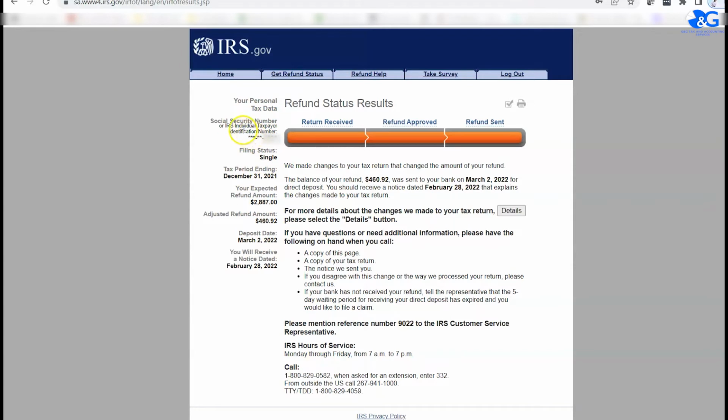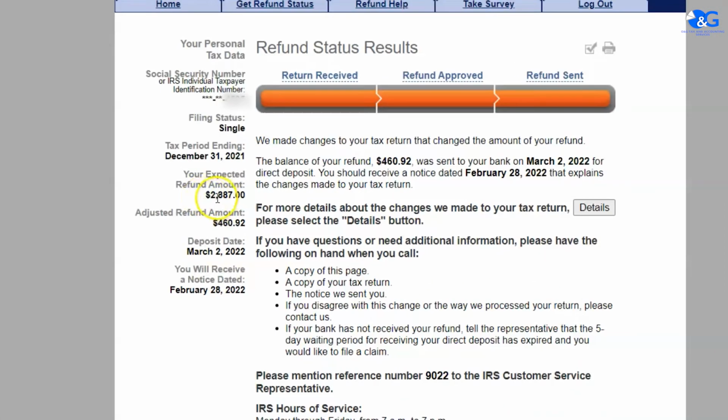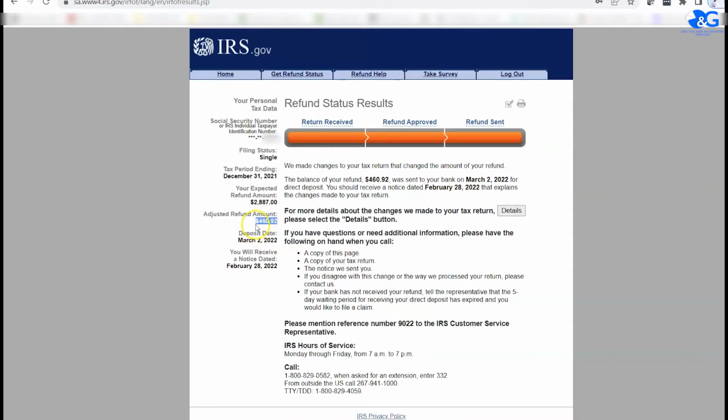So here, it gives you the last 4 digits of your social security number, your filing status, you filed as single, the tax year this refund is for, and then your expected refund. Sometimes your expected refund may not be the same as the refund you received. Okay, sometimes bad things happen and the IRS may adjust the refund and give you a much lower amount. So that will be the second piece of what we'll be looking at.